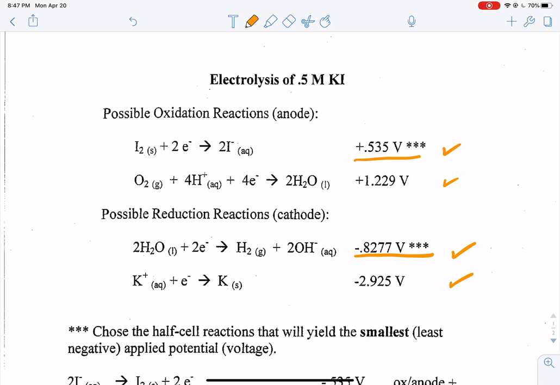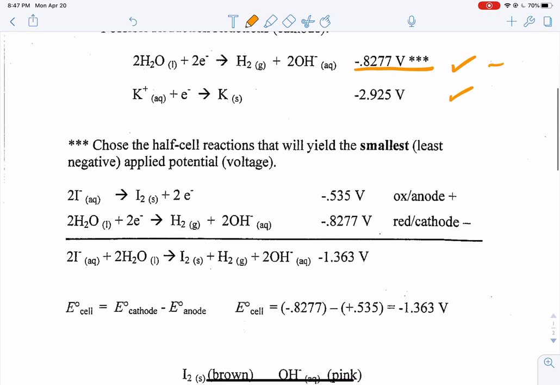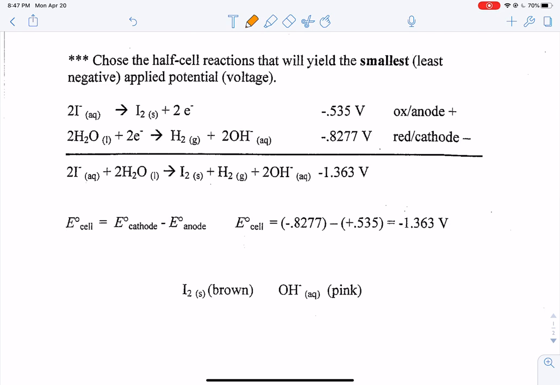Which combination would give us the smallest change in altitude? And obviously, if you're going from a positive 0.535 down to a negative 0.8277, that's the smallest jump. That's the least amount of energy you have to provide for the reaction to take place. Remember, we're providing the electricity to make a non-spontaneous reaction happen. Incidentally, you could use an electrochemical voltaic cell to make this electrolytic cell operate.